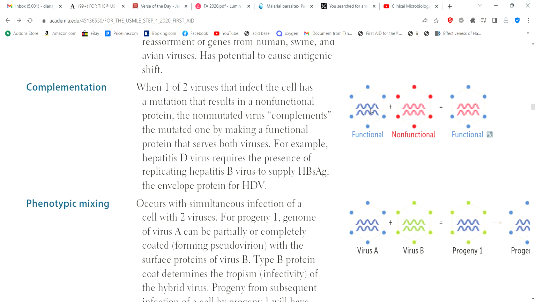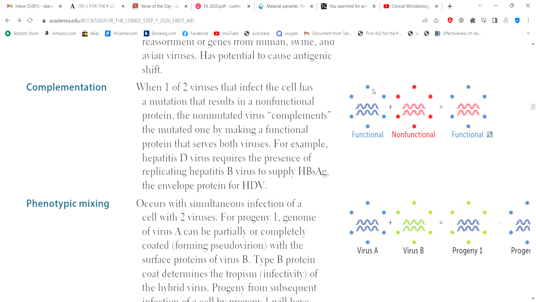Interesting. For example, hepatitis D virus requires the presence of replicating hepatitis B virus to supply HBs antigen, the envelope protein for hepatitis D.